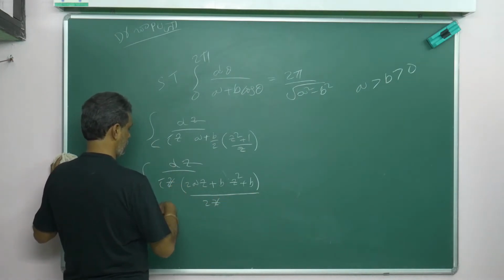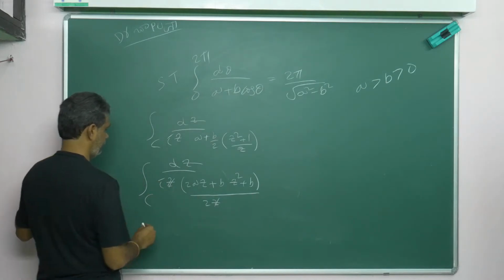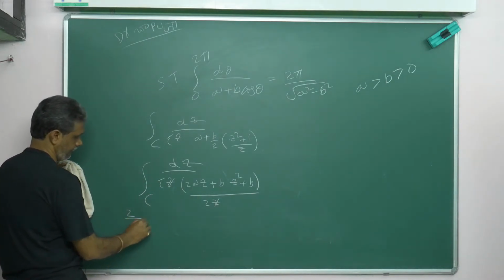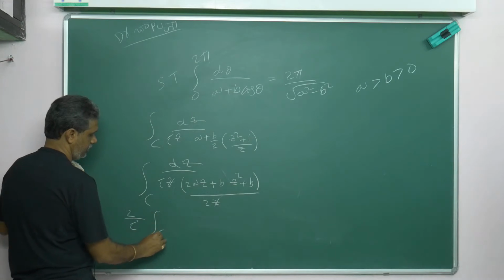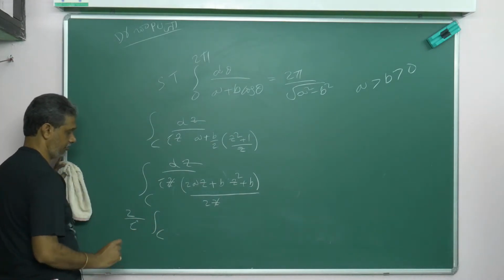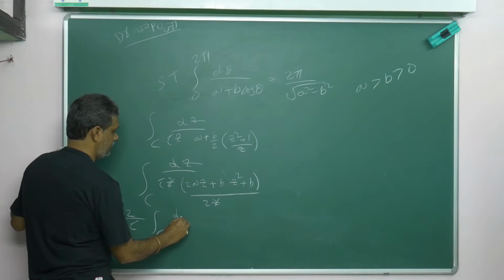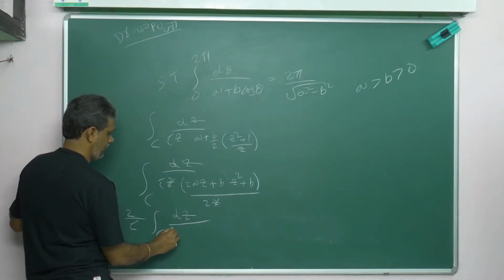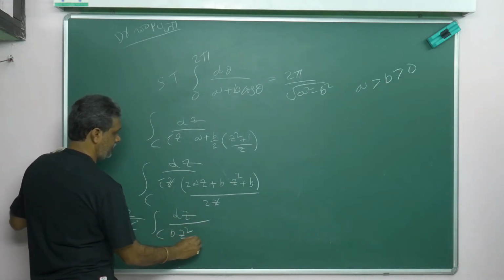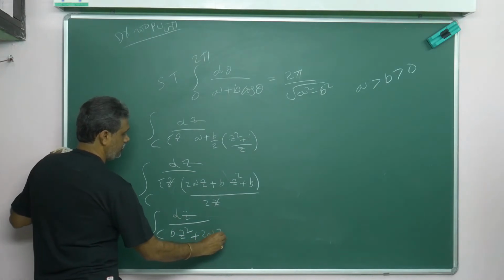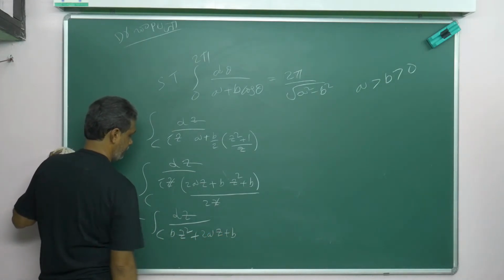Then this z cancels, this i by 2, it becomes what? 2 by i integral c, should not forget this 2 by i also. dz, just I will write properly the quadratic function, bz square plus 2az plus b.